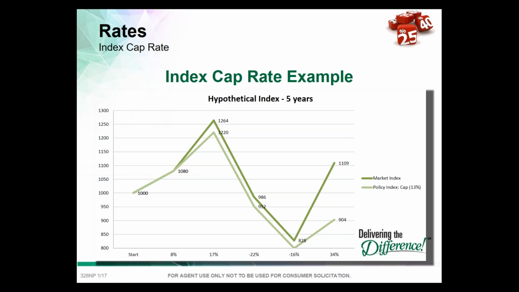Typically, you're going to have a product with either a cap or a par rate. Those are the two most common methods that a company will have to limit or control the upside. The most popular method is a product that has a cap set at 9, 10, 11, 12, whatever percent, and then typically the participation rate is 100%. You get 100% movement. That's the most common index segment design, some sort of a cap design, and the participation rate is just set at 100%.